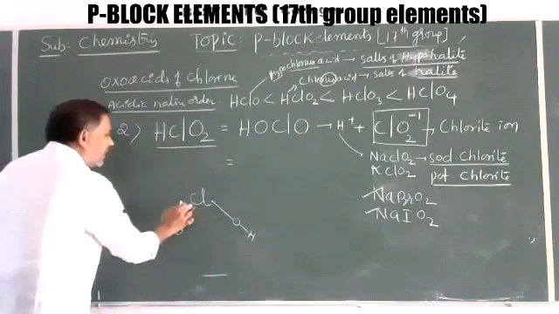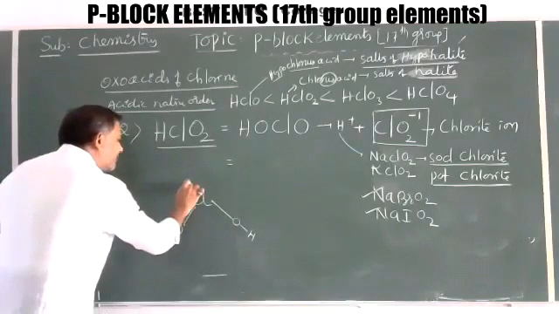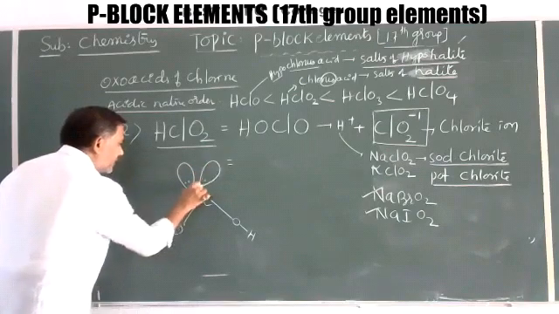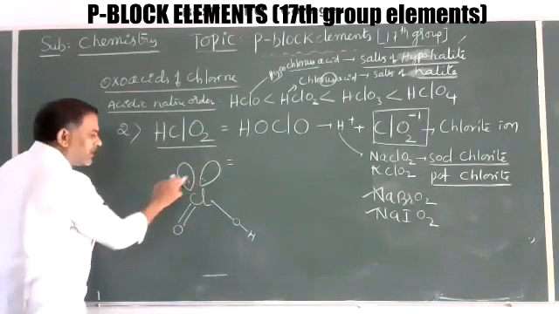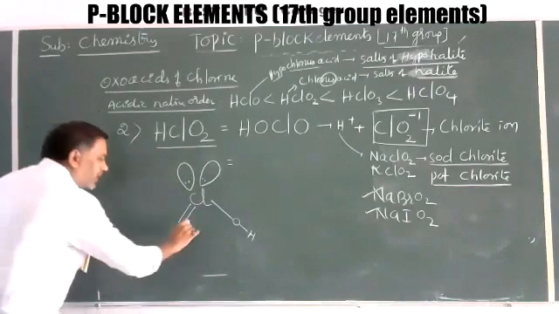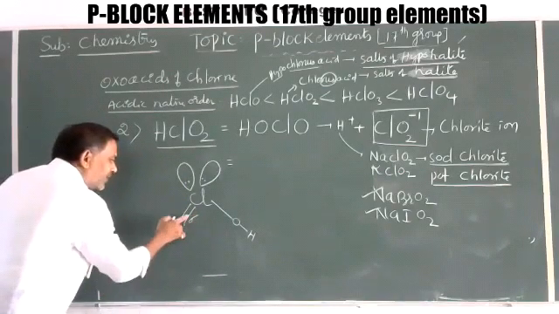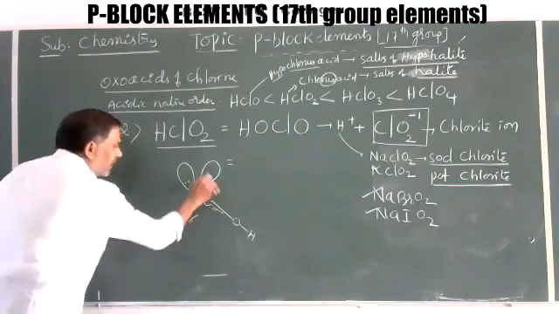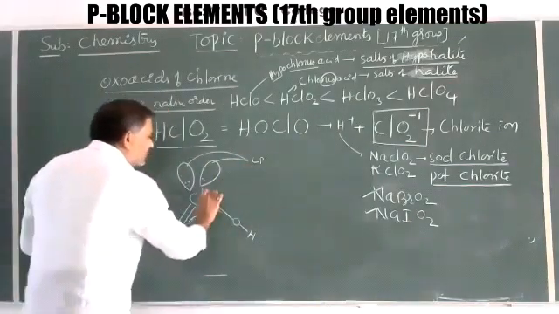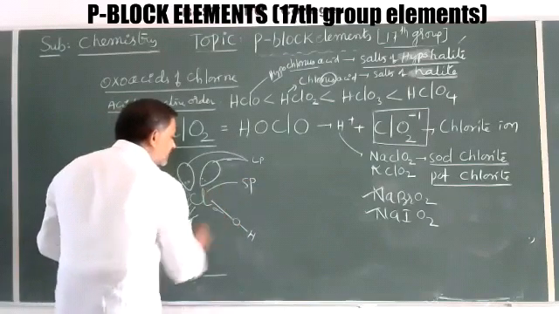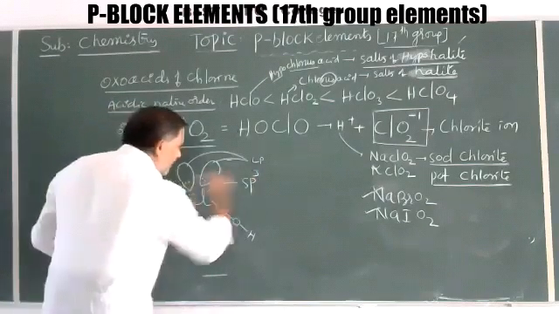And the remaining 2 lone pairs are there. Our textbook has not given this, so remember it. Around it, the sigma bonds are 2 and there are 2 lone pairs. That's why it undergoes sp3 hybridization.